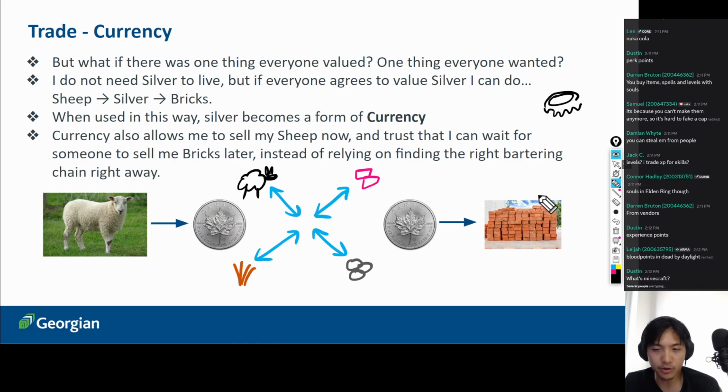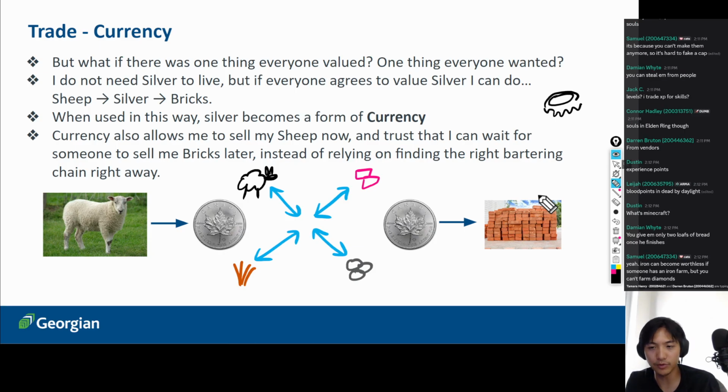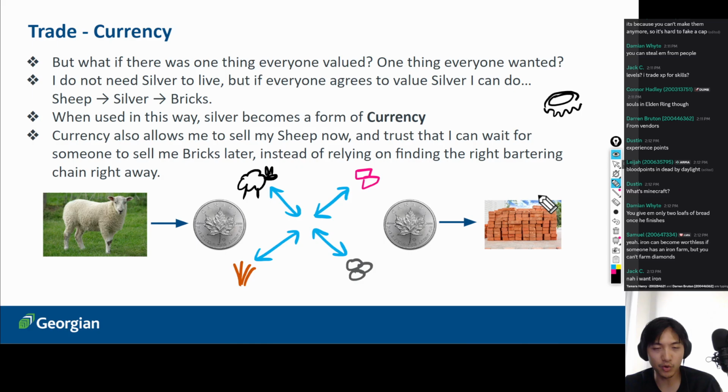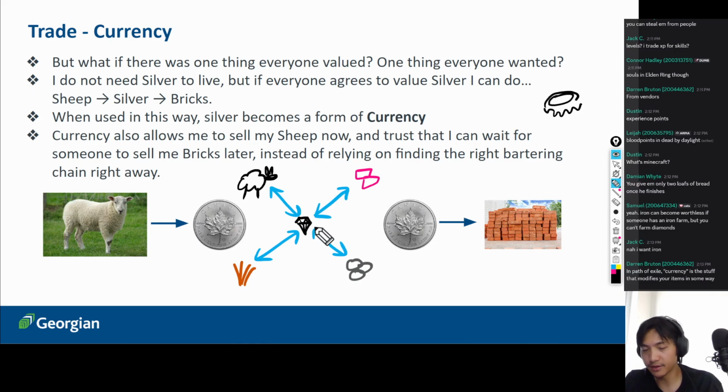And if you list prices in terms of diamonds and you say, okay, I'll give you 3 diamonds to do this, this is worth 2 diamonds, something like that, then everything is quoted in diamonds. That basically means that diamonds are being used as a currency, right?